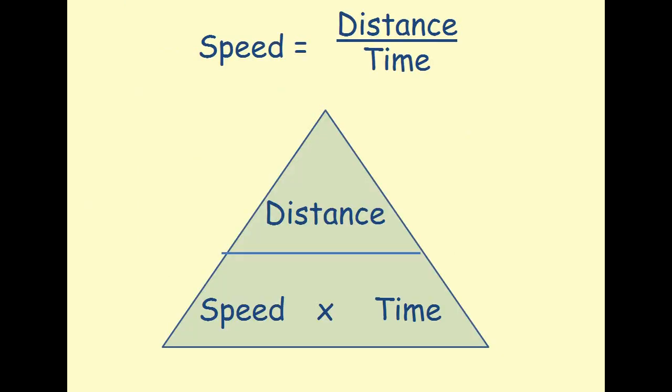Okay, so just to remind you of the speed, distance, time triangle we used last week to help work out the questions. If we're trying to find distance, we would cover up the distance part and do speed multiplied by time.